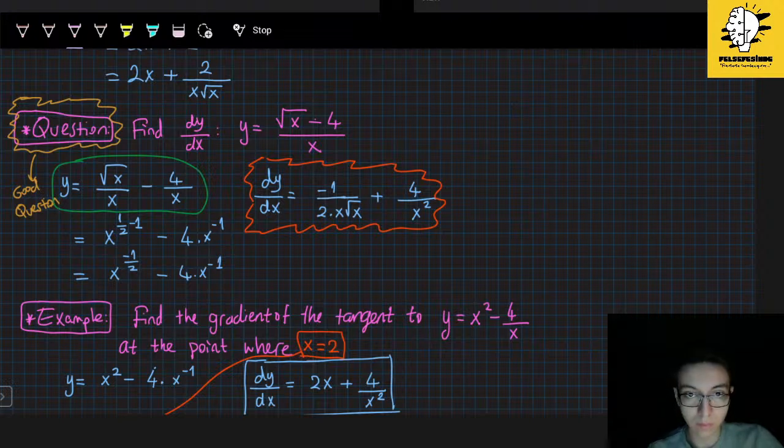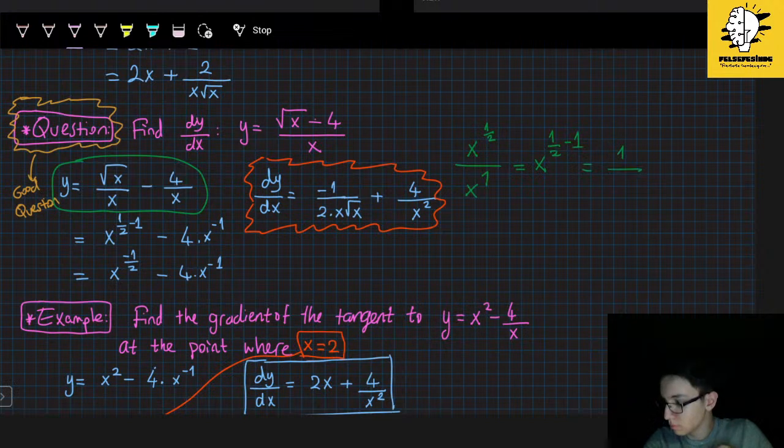And when you see this, you can actually apply your exponential function knowledge. And when we do this, we are going to find 1 over 2 minus 1, and you can see that it's actually 1 over square root x.